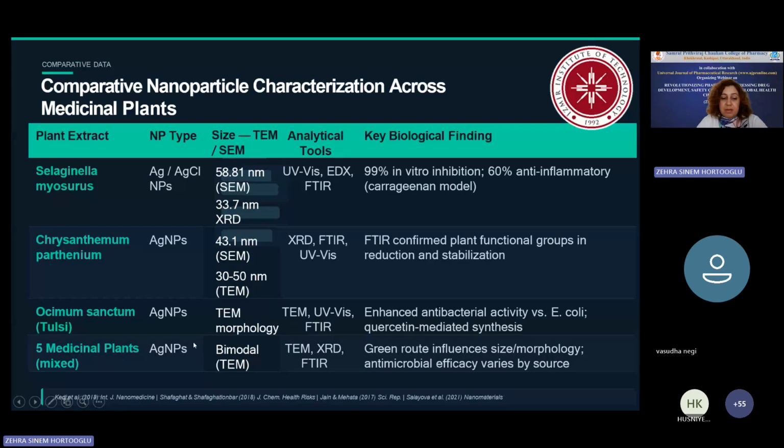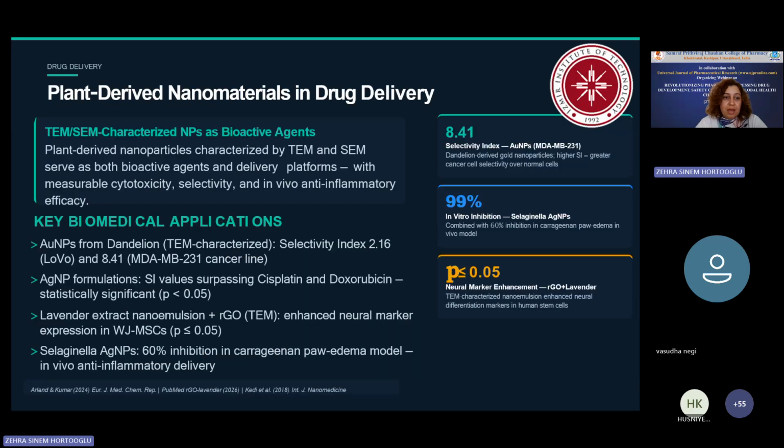And another model uses TEM, XRD, and FTIR. The green route influences size, morphology, and antimicrobial efficiency, which varies by source.